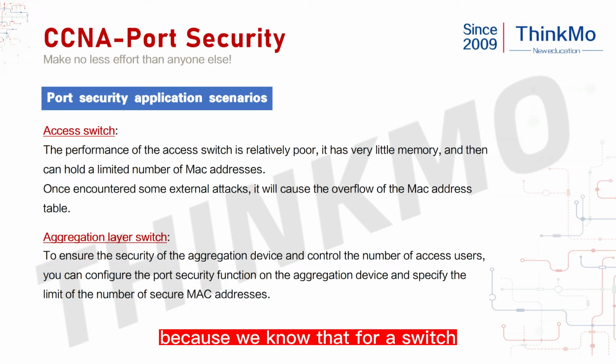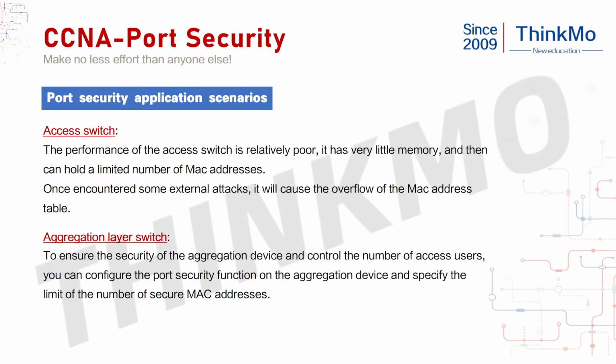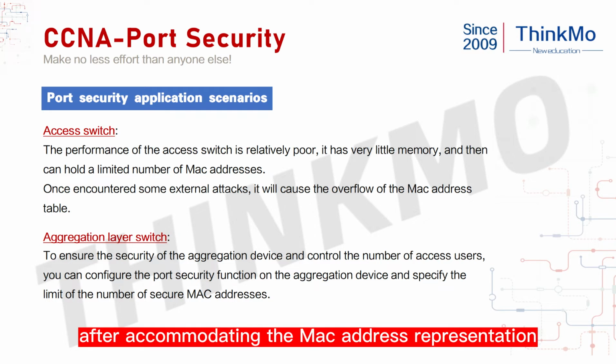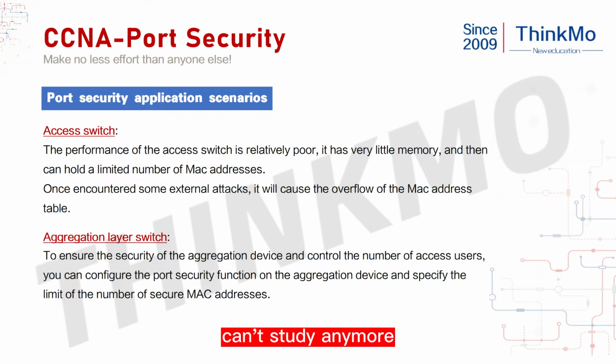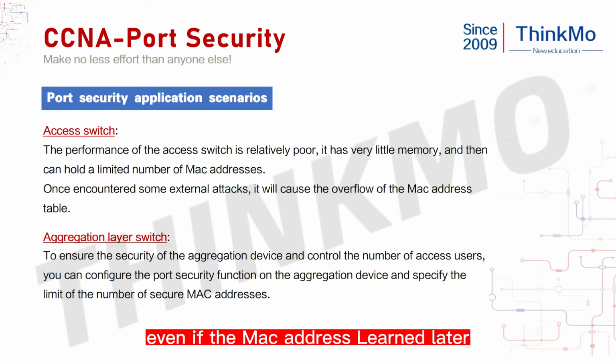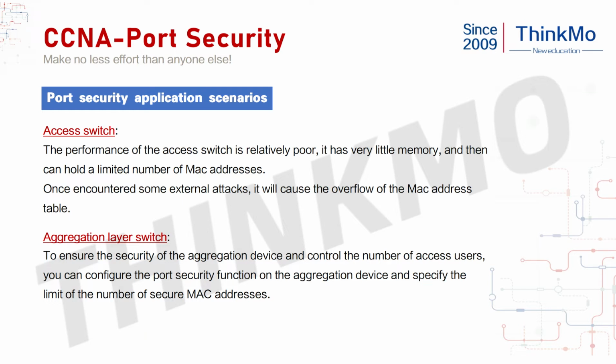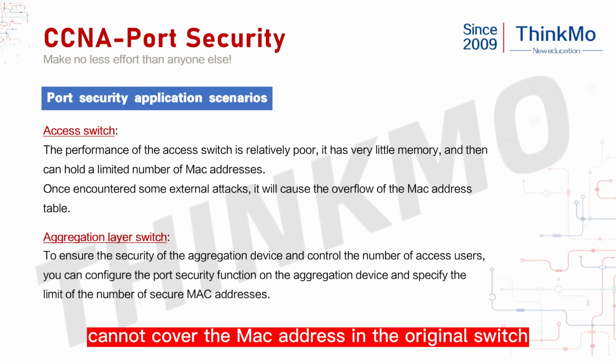Because we know that a switch learns MAC addresses, and once it has learned enough, more than the table can accommodate, it can't learn any more. Even MAC addresses learned later will overwrite the MAC addresses in the original table.